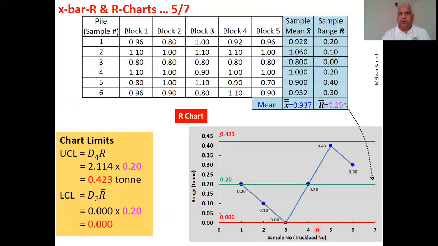So the limits are plotted: center line over here, upper and lower control limit. The next stage is to start plotting the data. The first range is 0.20, which we plot here, then 0.1 here, 0 here, and so on and so forth.